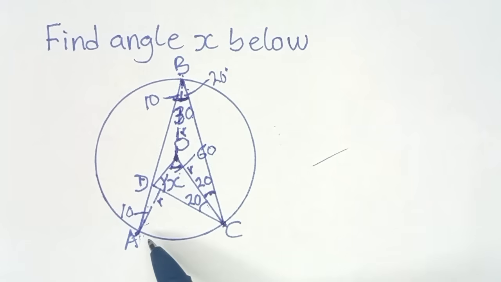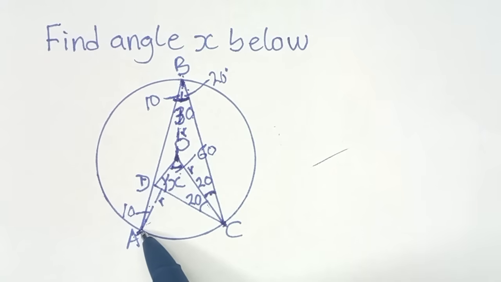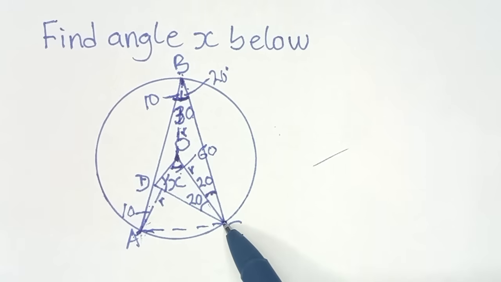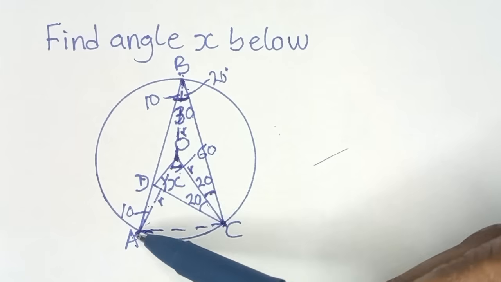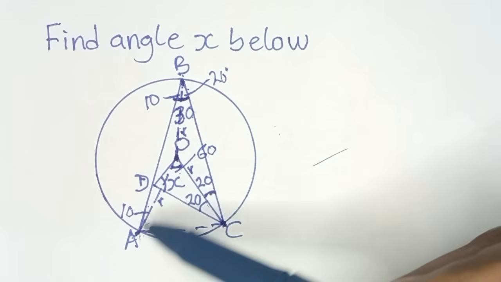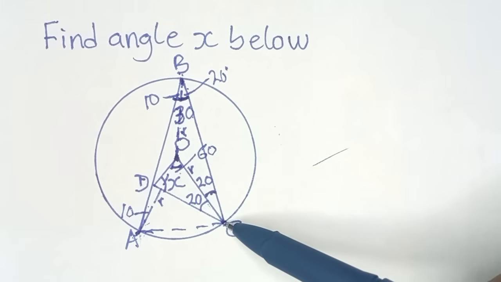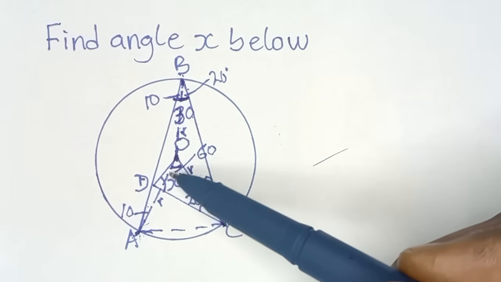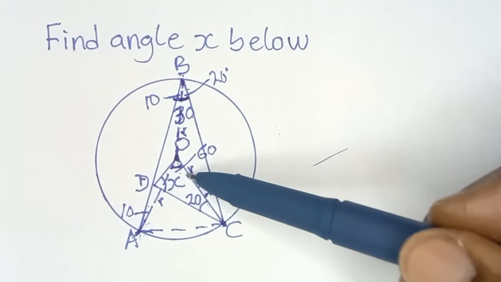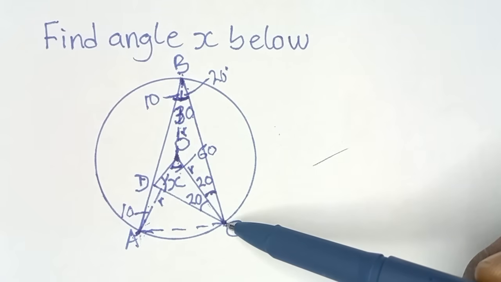Now, if I complete this triangle with a line from A to C, then using this triangle AOC, you also agree with me that AOC is an isosceles triangle. Why? Because this is a radius line and this is also a radius line.